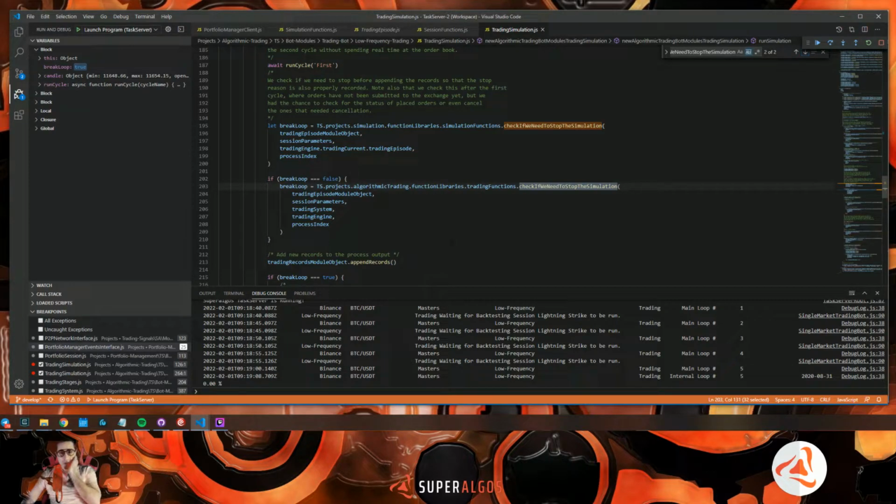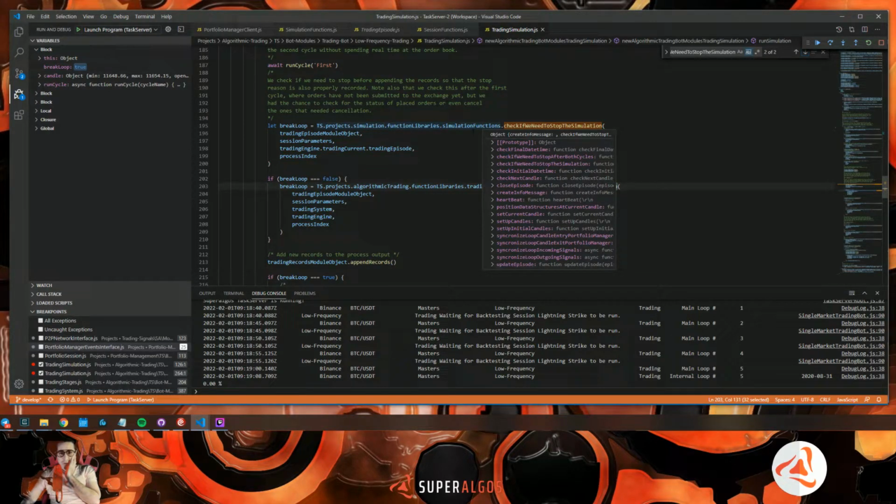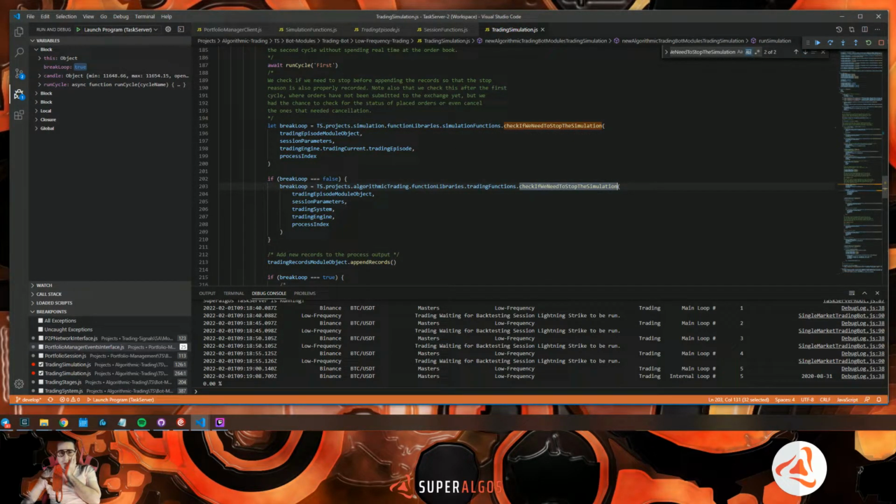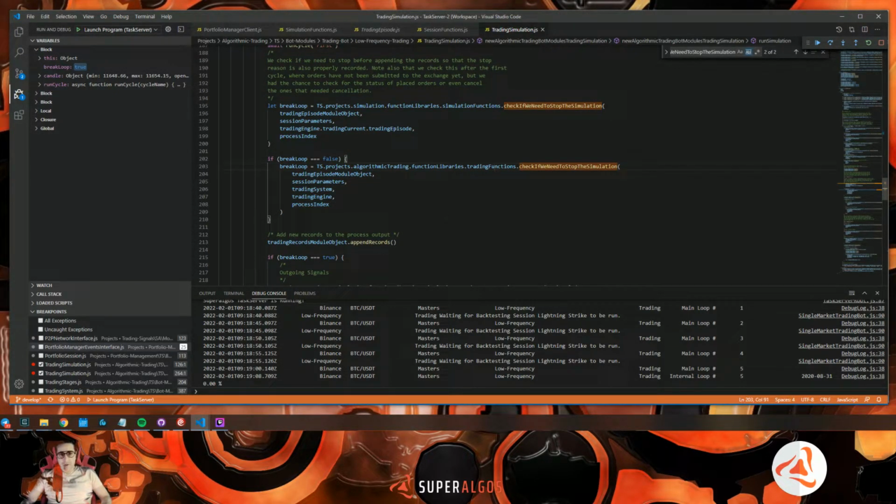I don't understand why this is called. Okay, this is the simulation function, and this is the trading function. So there are two versions of this that make you stop. I'm not sure that the portfolio guy has these two versions.